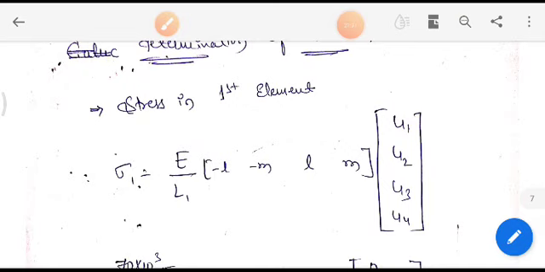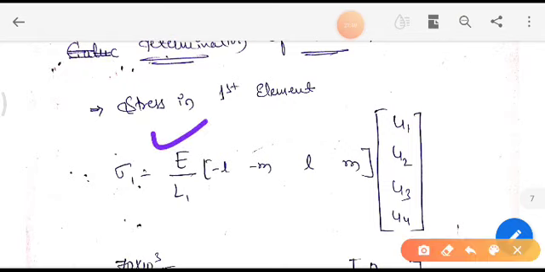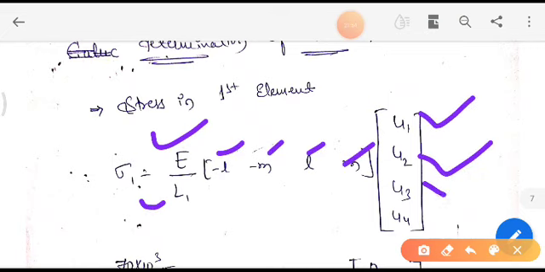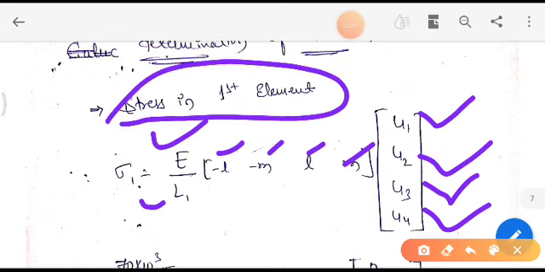We already discussed the steps to solve truss problems in our previous video. There we have seen the stress formula: E divided by L times minus L, minus M, L, M times U1, U2, U3, U4, which means we are calculating the stress in the first element.